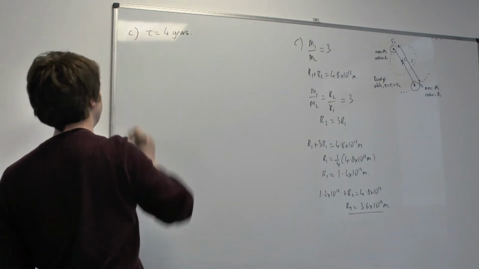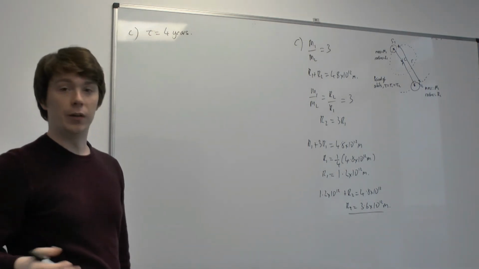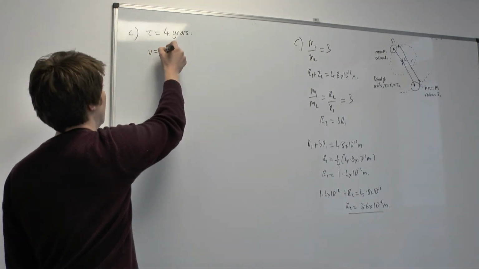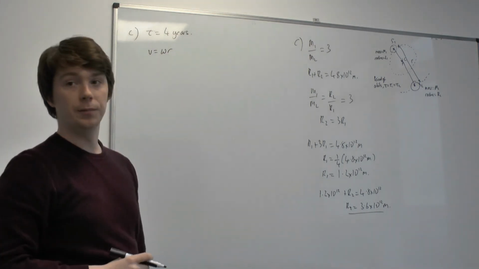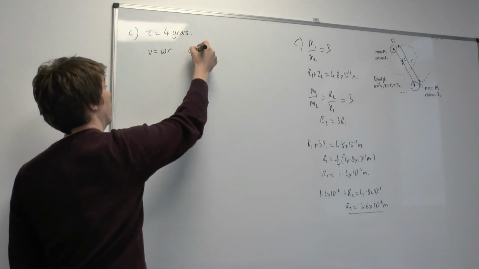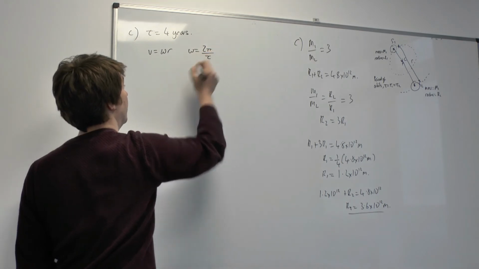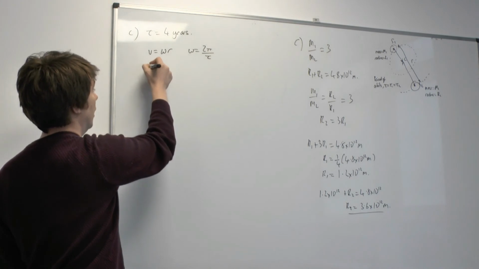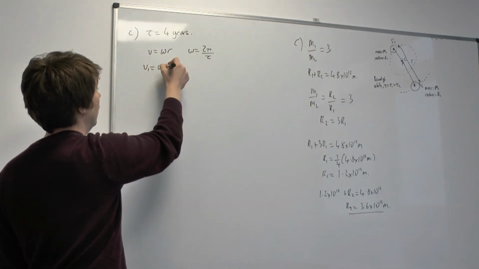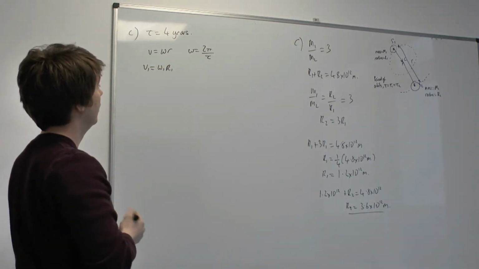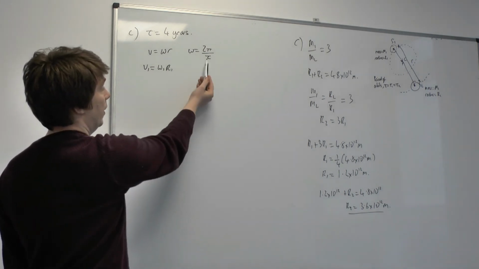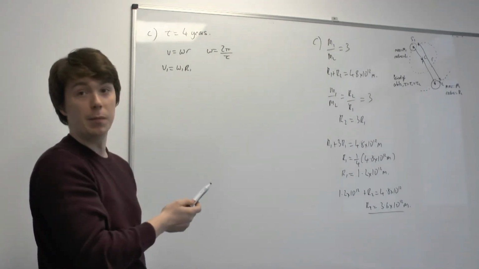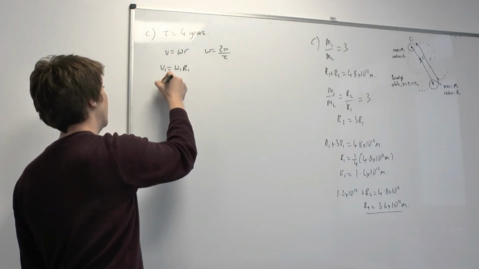This is part C. And we need to work out the velocity of S1. So we know from circular motion that v is equal to omega times R. And we know that omega is equal to 2 pi over the orbital period. And we know the radius, R1, from the previous question, so this is simply a matter of substituting in some values.